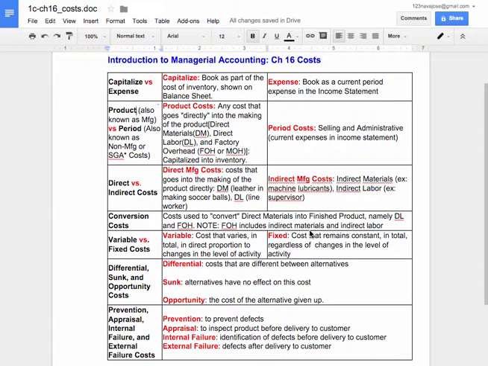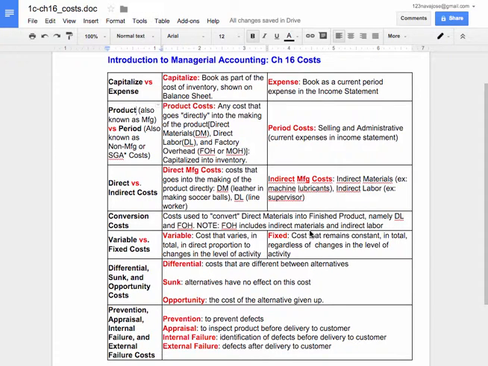And then there will be other things that you may also look into. Differential costs are those that apply to two different scenarios or two different options. So if one item differs between option A and option B, then you call that differential cost.